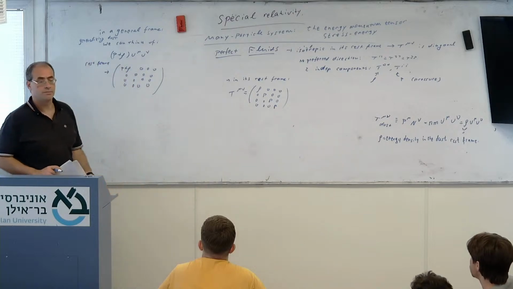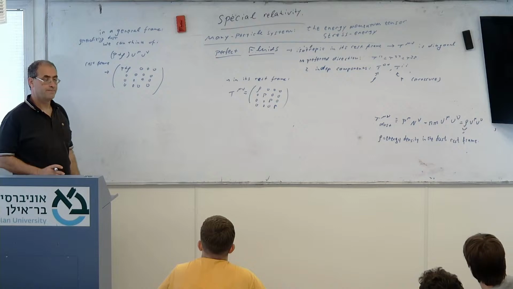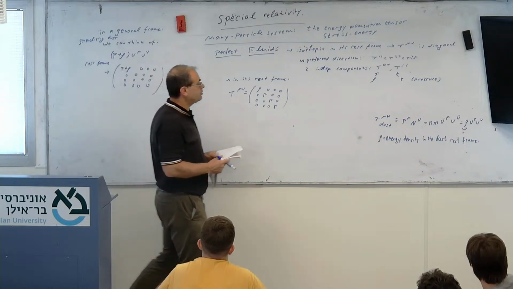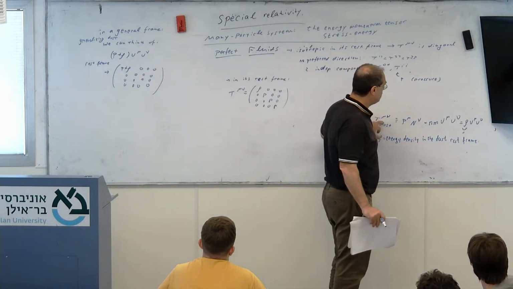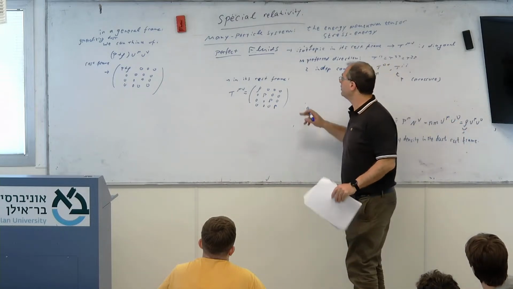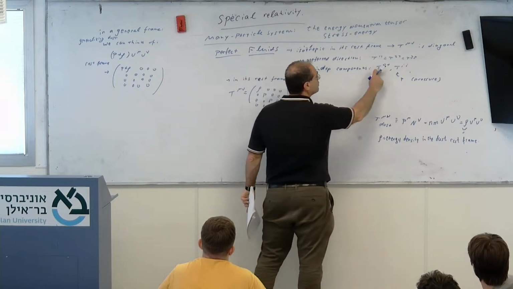So what do we do? Okay, you follow the logic? What happens here? I define for the dust with a 0 pressure the T mu nu as rho u mu u nu. Now I know that in the rest frame of a perfect fluid, I have only 2 independent components, T00 and Tii.